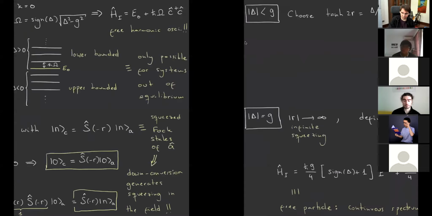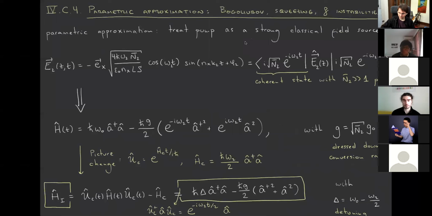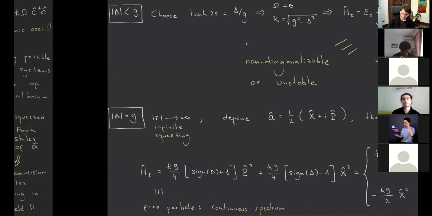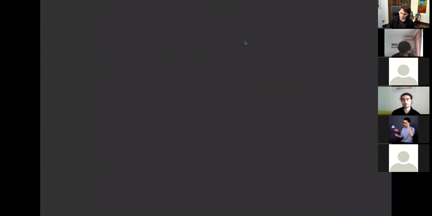If you go to the original Hamiltonian and put delta equal to 0, you get just a squared plus a dagger squared. We have just seen that that's equivalent to an inverted parabolic potential, and therefore you know that you don't have bound states, you don't have eigenstates of the Hamiltonian. So that's just for you to remember.